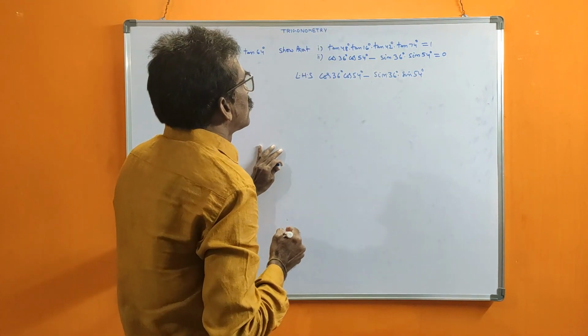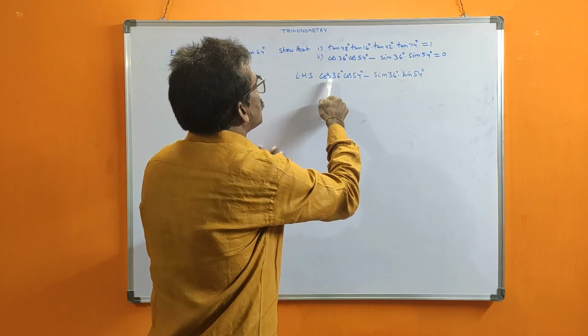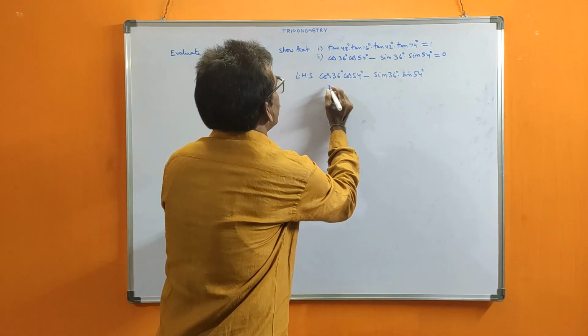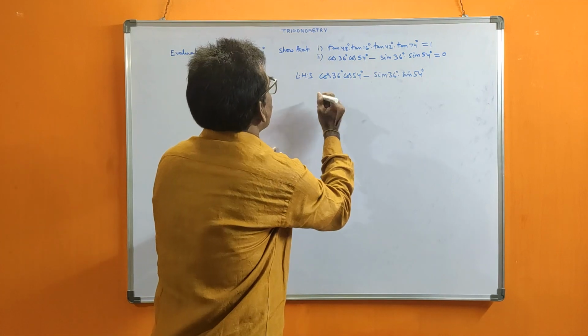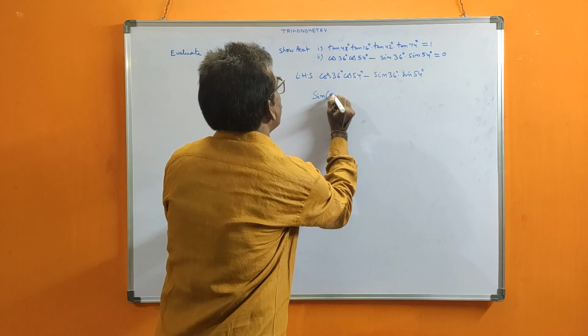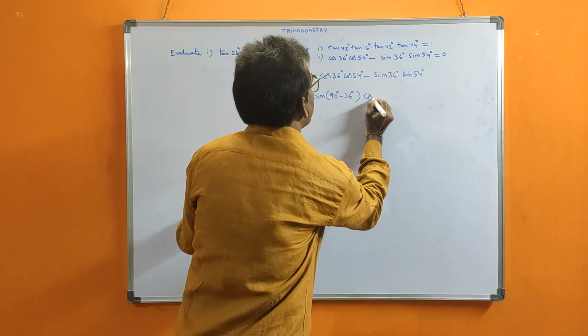Now, these are also complementary angles. That's why I am changing the 36 value. If you change the 36 value, the co-ratio for cos, cos is sin of 90 minus theta. Theta is 36. Here you write cos 54 degrees as it is.